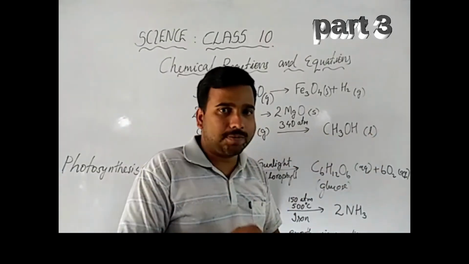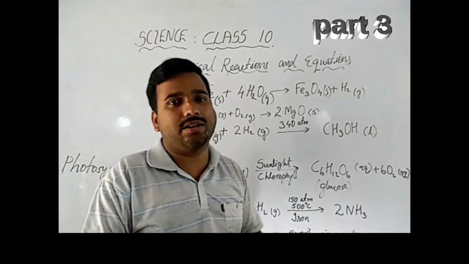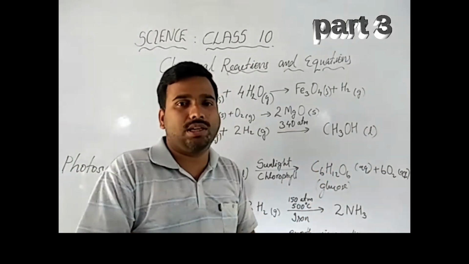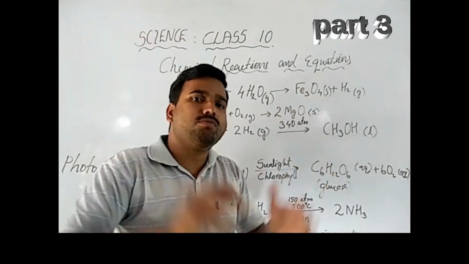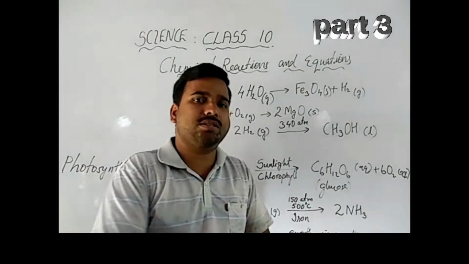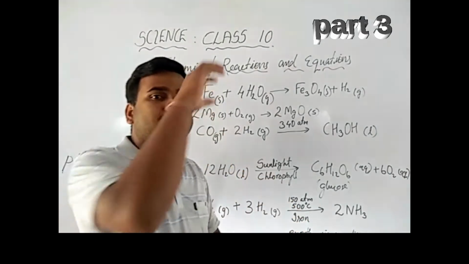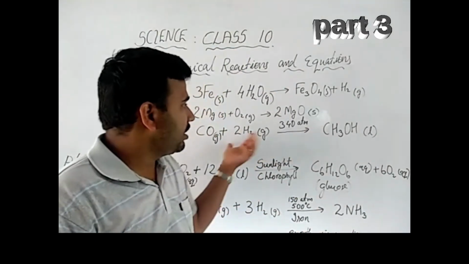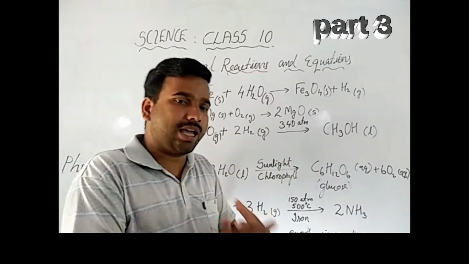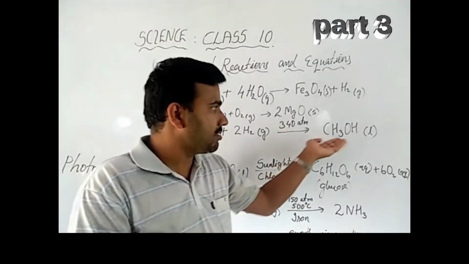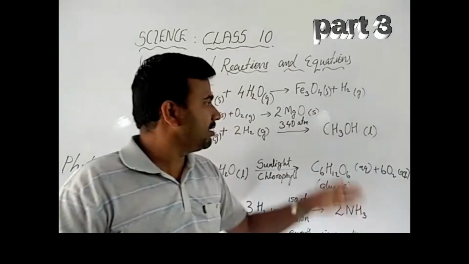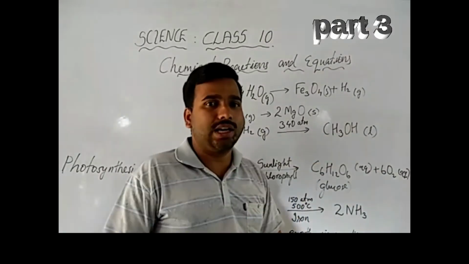in liquid state. We already studied in class 9 that by applying more pressure, we can compress the gaseous state into liquid state. See, that is happening here. At the same time these two react, and as a result the product we obtain is methanol, which is in liquid state.